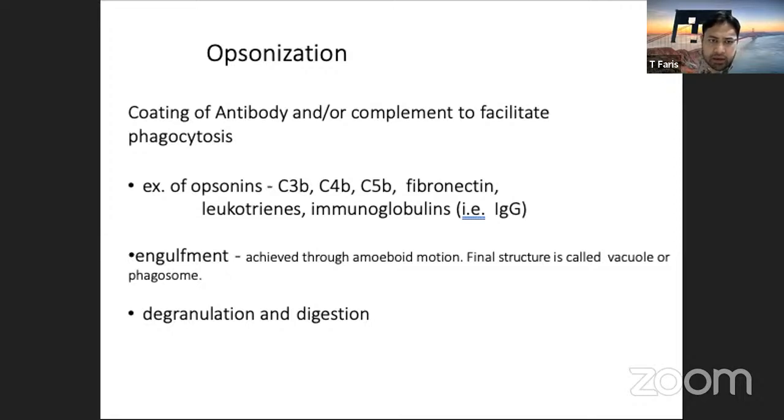Then the next process is the engulfment. This is achieved through amoeboid motion, making the phagosome. After that, they degranulate and digest the molecule. So opsonization is like the coating of our antibody, one of the first activities to recognize the antigen.